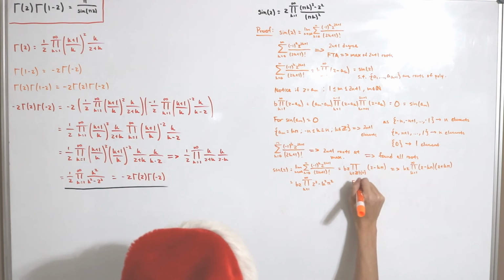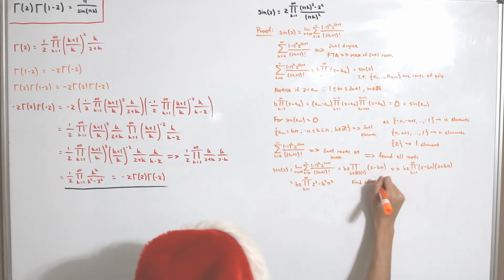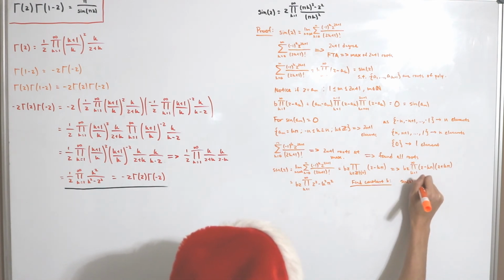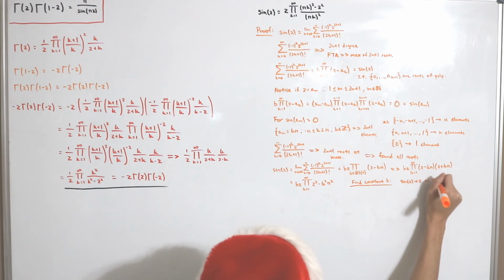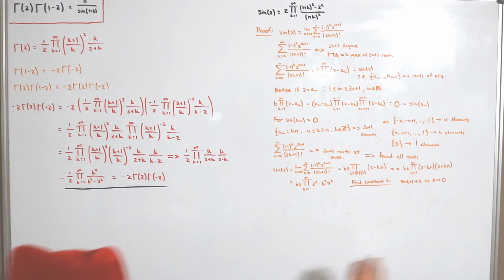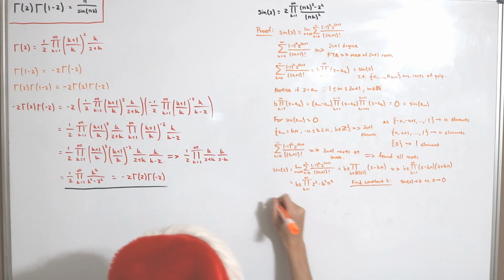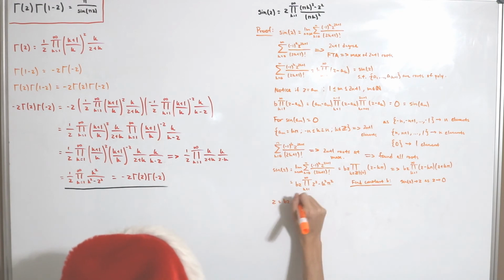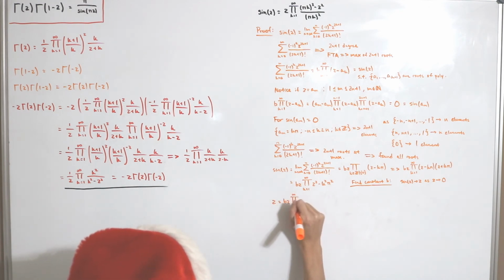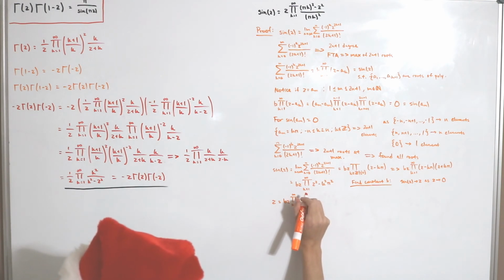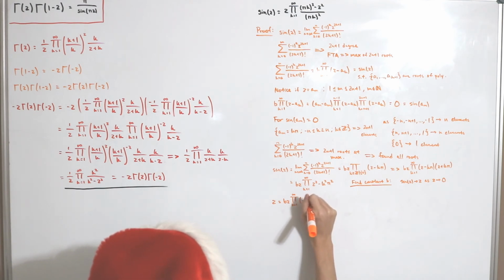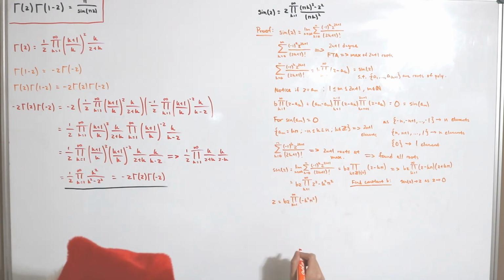Now we have to find our constant b. Note that sine of z approaches z as z approaches 0. So when we use this, we can say that z is equal to b times z, and then our infinite product, k equals 1, of, since z squared approaches 0, just negative k squared pi squared.